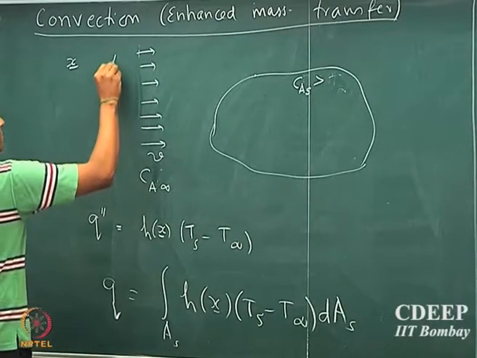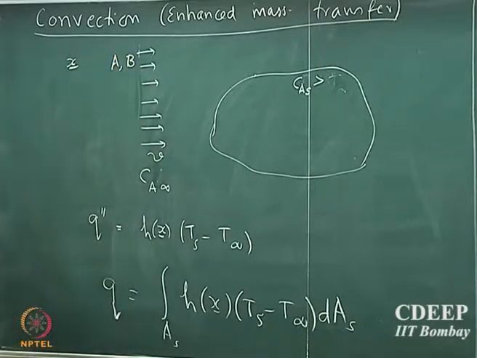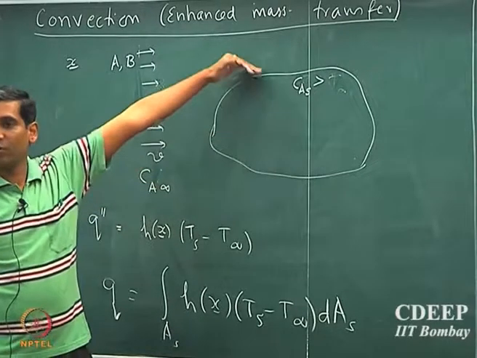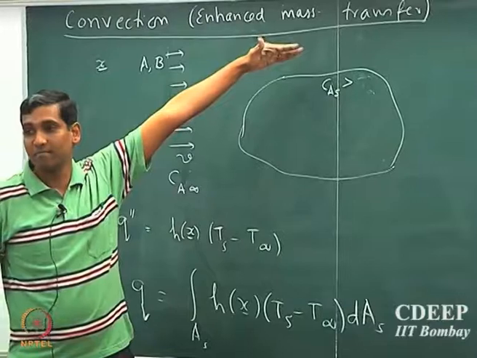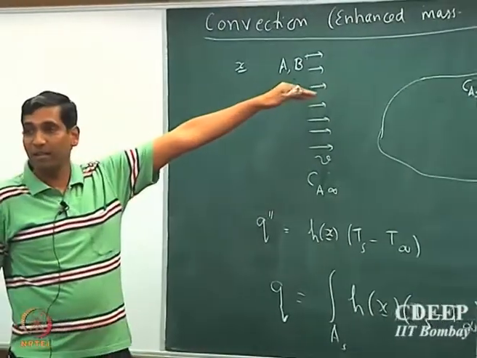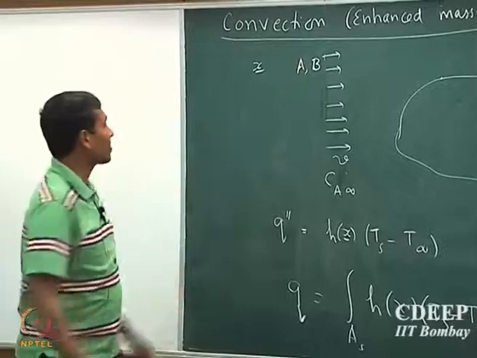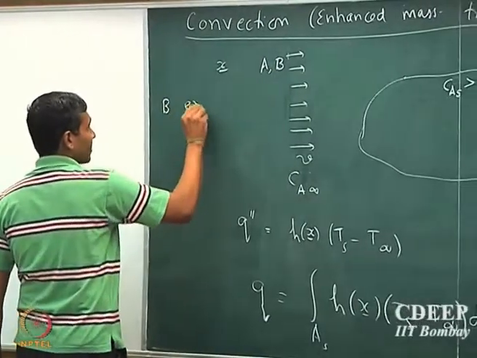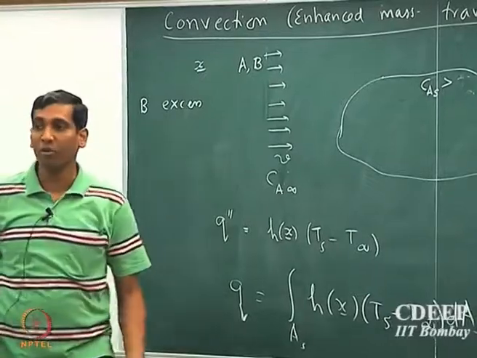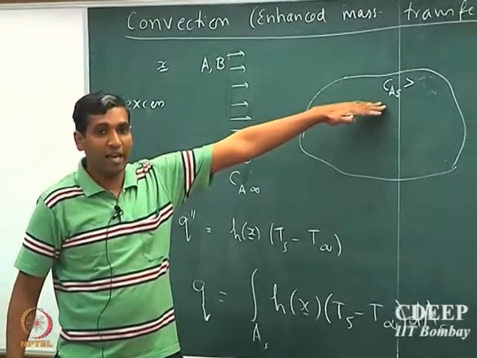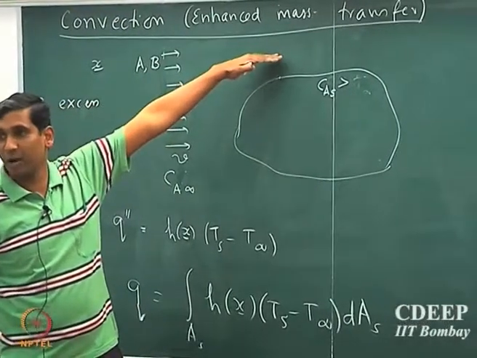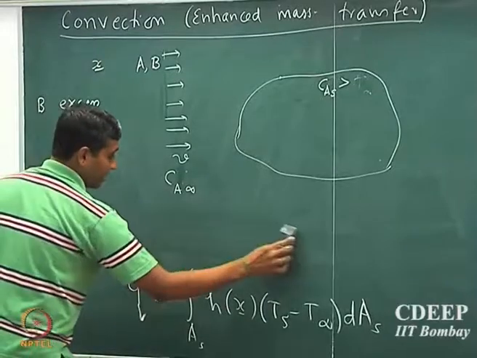So supposing you have species A and species B, a mixture which is flowing together, and let's say that only species A is diffusing out, species A is transported from this surface to the fluid. We can assume that B is in excess, and we could assume equimolar counter diffusion, and therefore what we are really looking at is transport of species A to the bulk fluid outside.